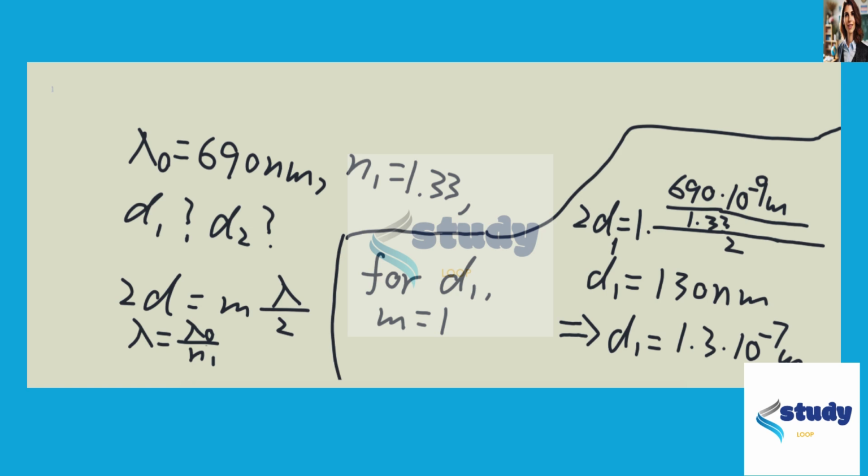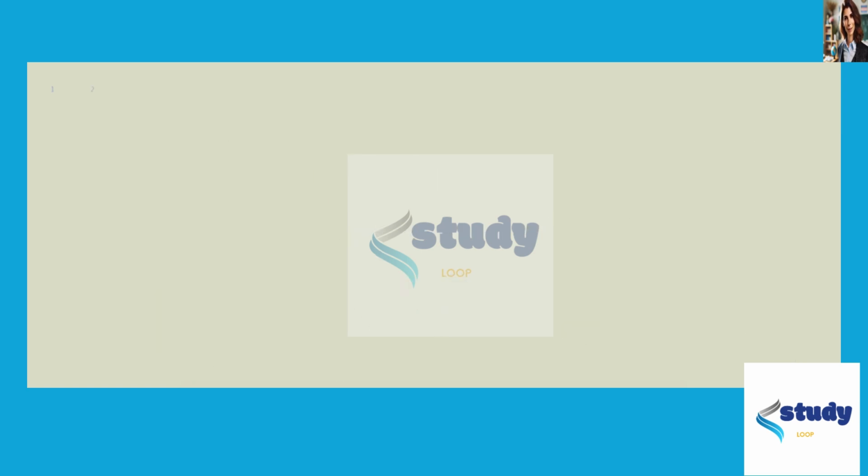Okay, and let's look at D2. Since it's constructive interference, the second possible thickness should have m equal to 3. Looking at 2D equal to m times lambda over 2, m is equal to 1, 3, 5, 7.